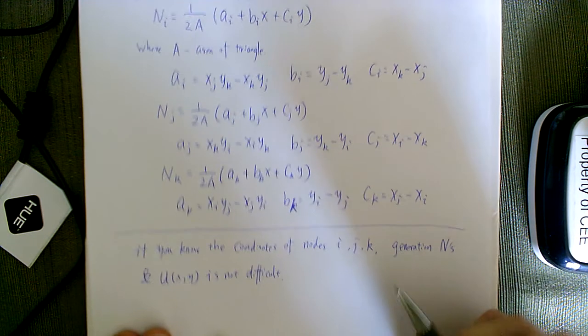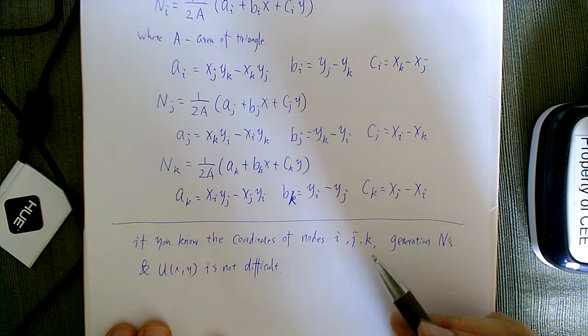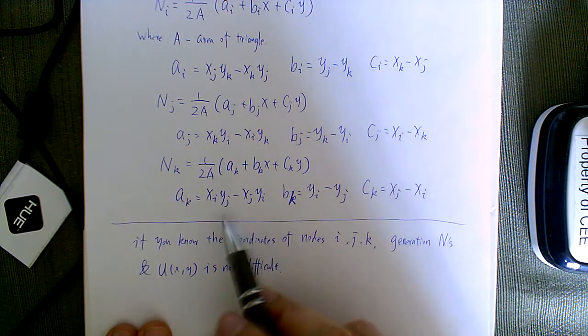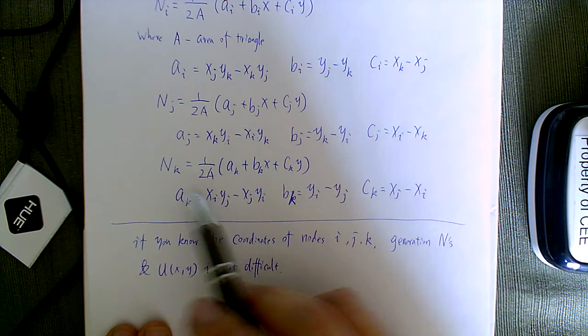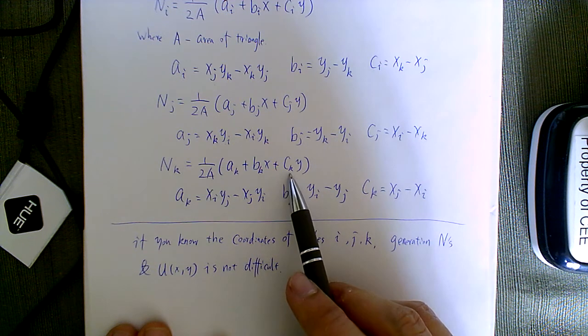Deriving them is probably pretty difficult, but if you know all those numbers, you just plug them in, and then the N's are just linear functions of x and y.